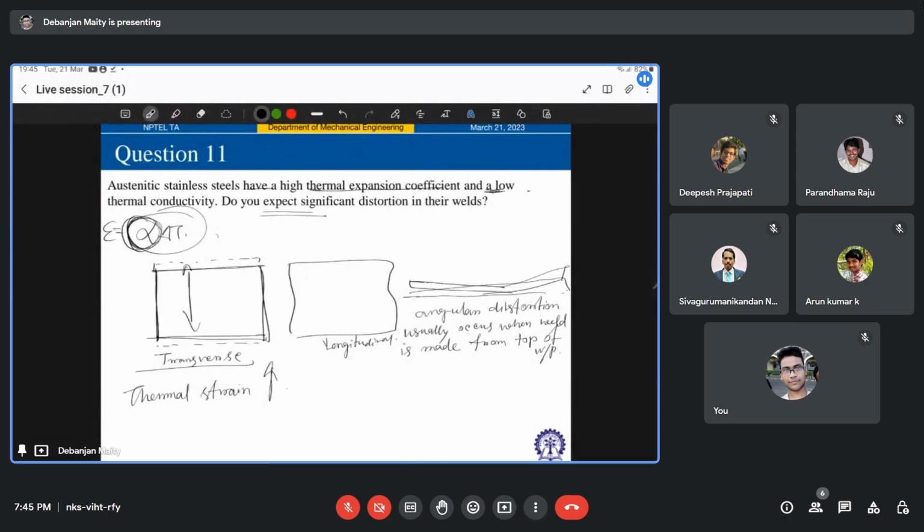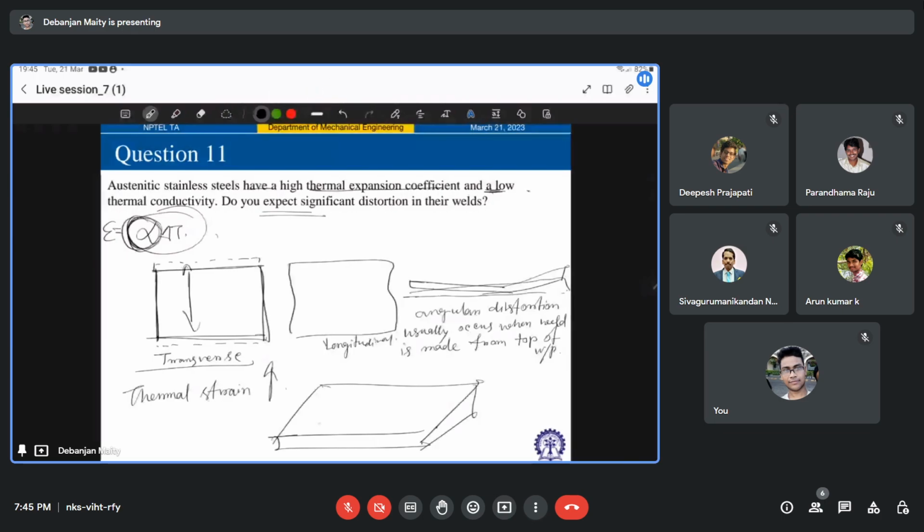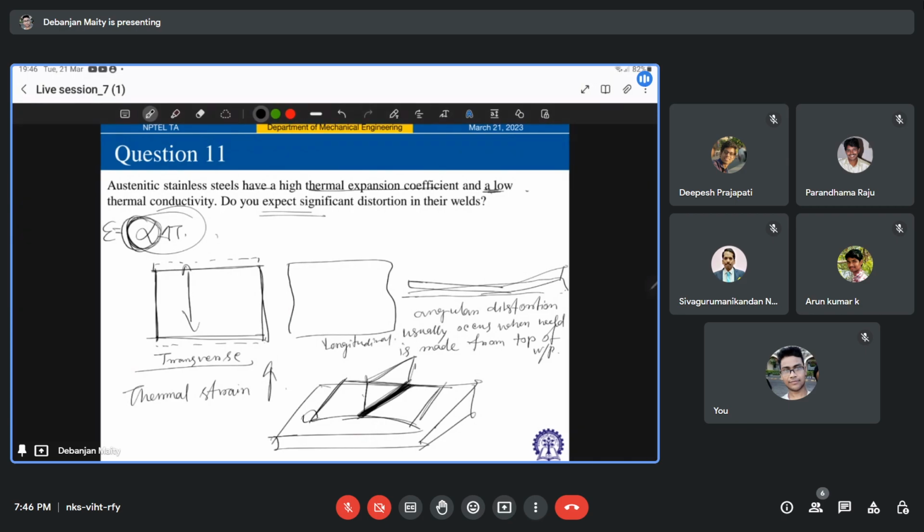Have you done any kind of lab experiment? Let's say this is your substrate, and here you are joining some plate like this to this. Here you are joining this, and all the things are clamped properly.